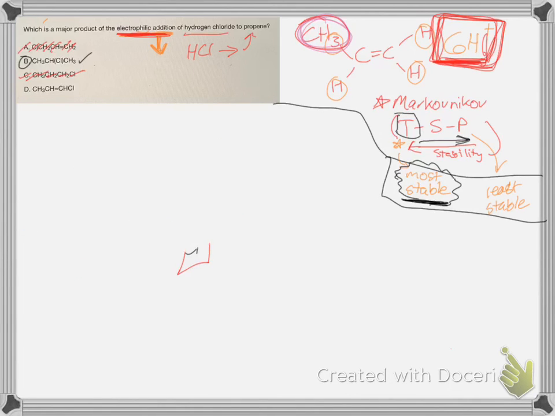That's also incorrect because the amount of hydrogens in D decreased from the initial amount of hydrogens in propene, which is required in the question. It has 6, while D has 5 hydrogens, and that doesn't make sense because we're adding HCl, and we're not taking a hydrogen away.